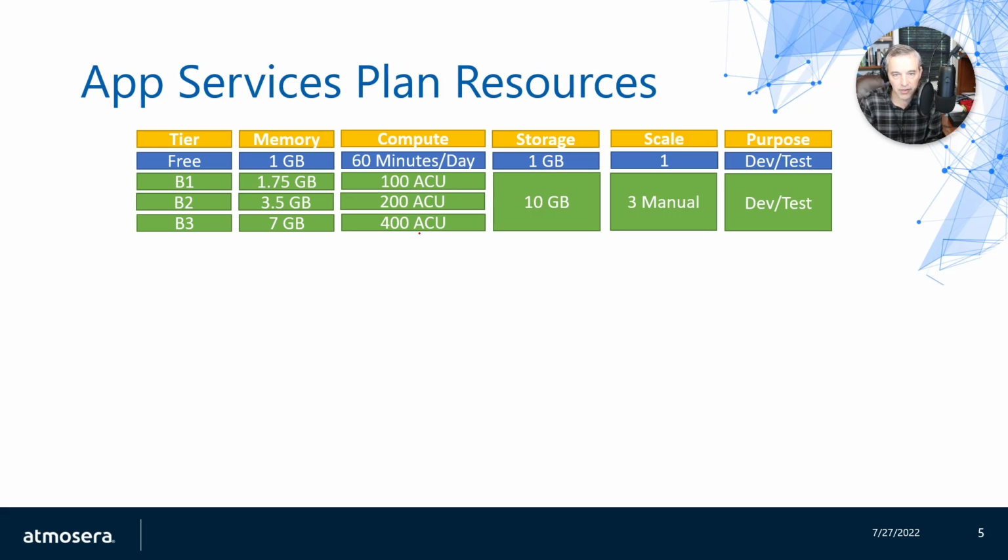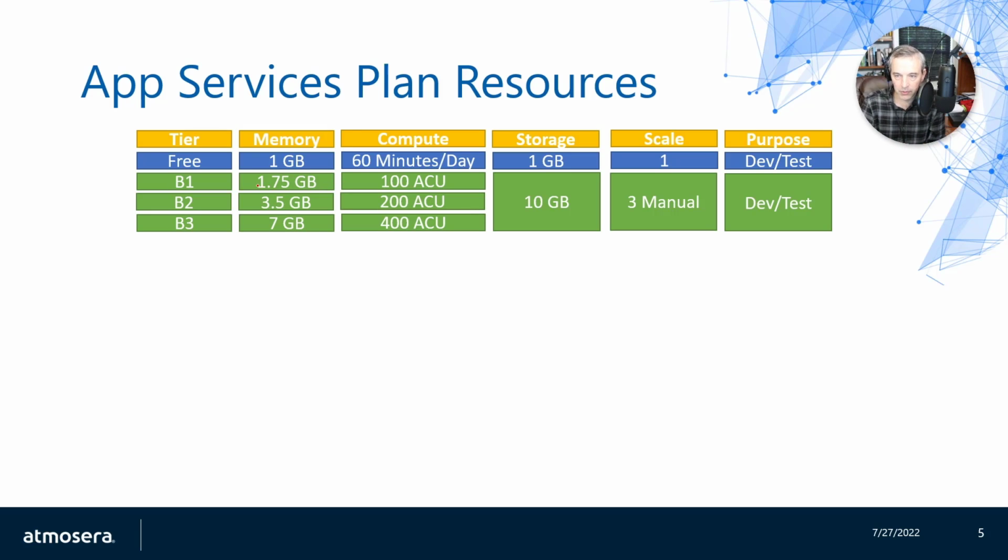The next one is the basic tier. This one I like for dev test purposes. It's really not intended for production workloads. So again, another dev test tier. If you need something that's beyond that 60 minutes, this is a great offering. It comes in three varieties, a B1, B2, and B3, and they basically scale exponentially.